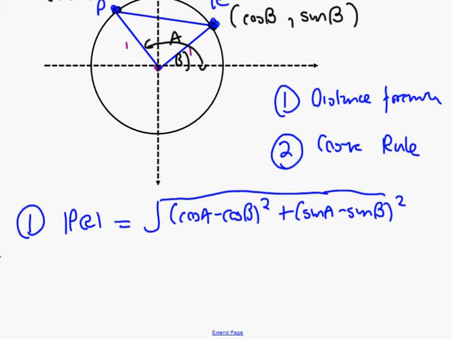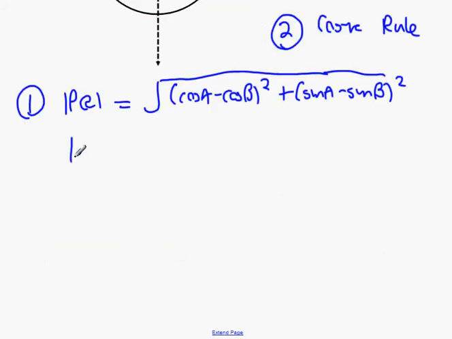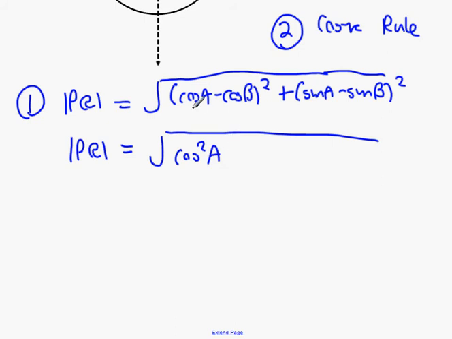Okay? Square it out. You're going to get PQ equals the square root of cos squared A, and that's going to be minus 2 cos A cos B, isn't it? Does everybody know where I got that from? Yeah.